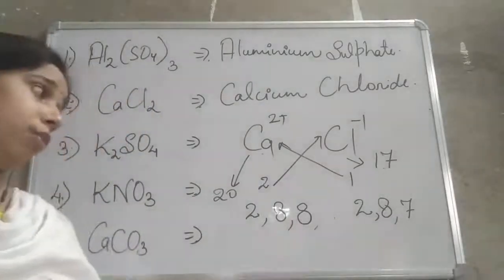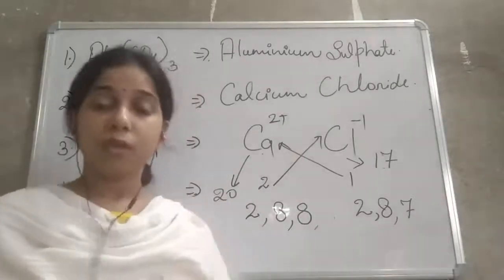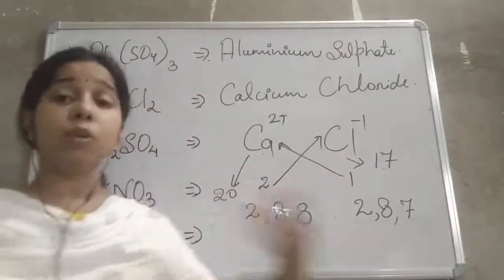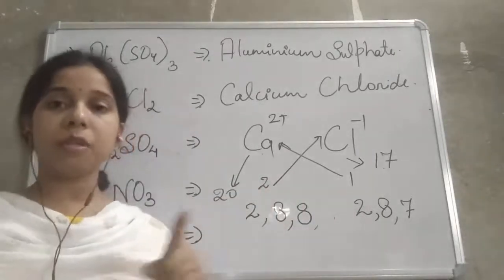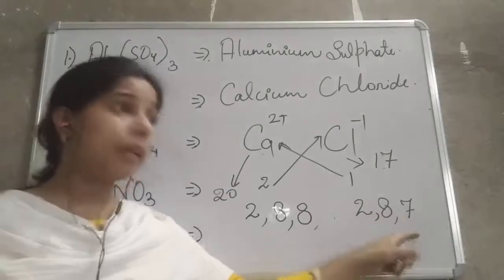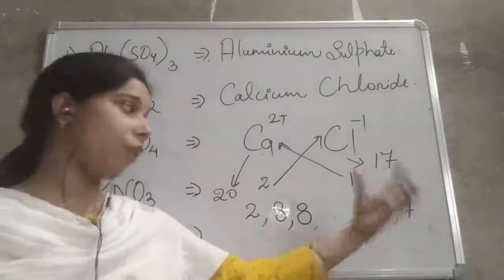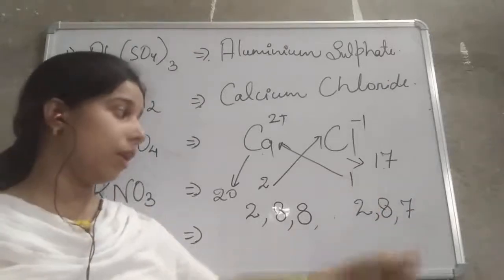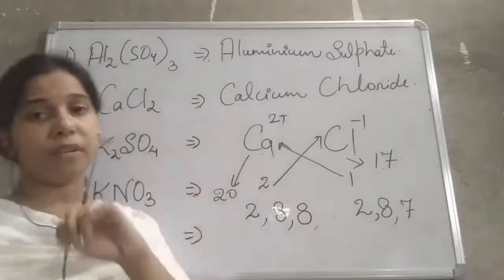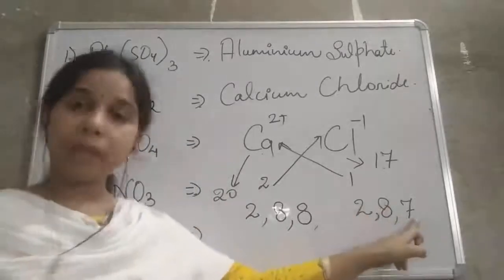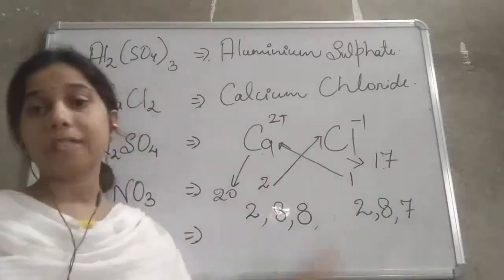Now you see here, students, the last shell has 7 electrons. So how many electrons will it lose or gain to complete its octet? You will say that to complete the last shell and be stable, it needs 1 electron. So if it gains 1 electron, it will become 8 here, and thus chlorine will become a stable atom.